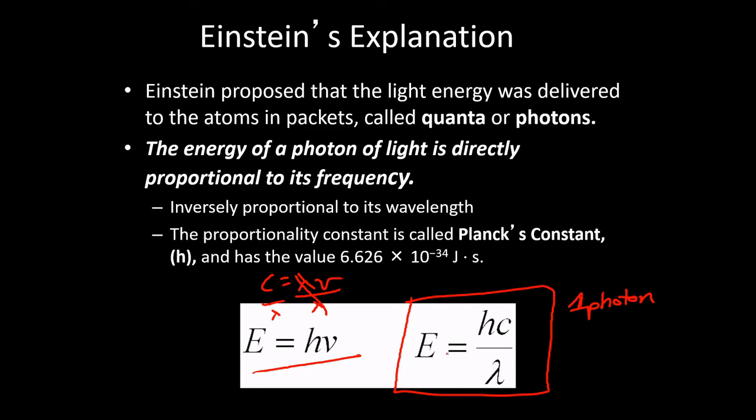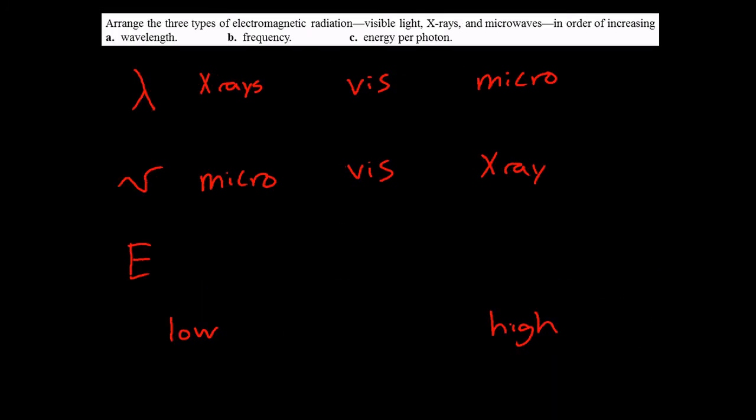The higher the frequency, the greater the energy, and so energy is actually going to be the same order as frequency. So we have microwave radiation is the least energetic, visible is more energetic than microwave, and X-rays are even higher in terms of their energy.